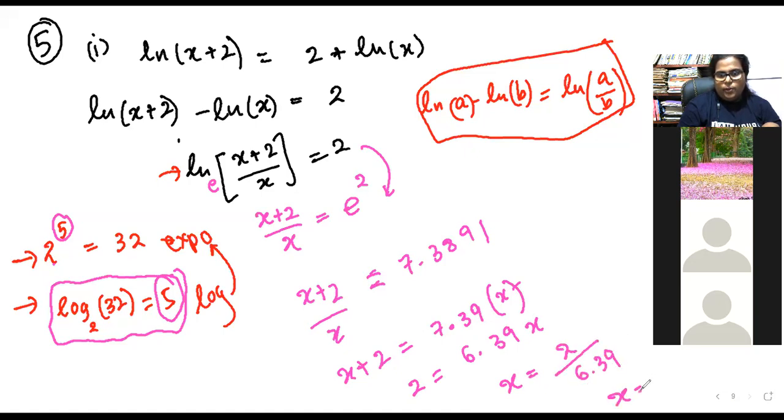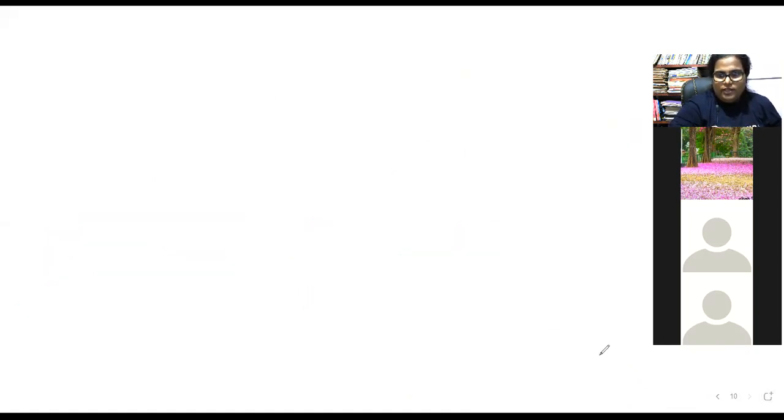So the value for x is 0.313. You can round off the value to 2 or 3 decimal places as you wish. Right, so this is the answer for this one, and we will quickly go to the last question here.